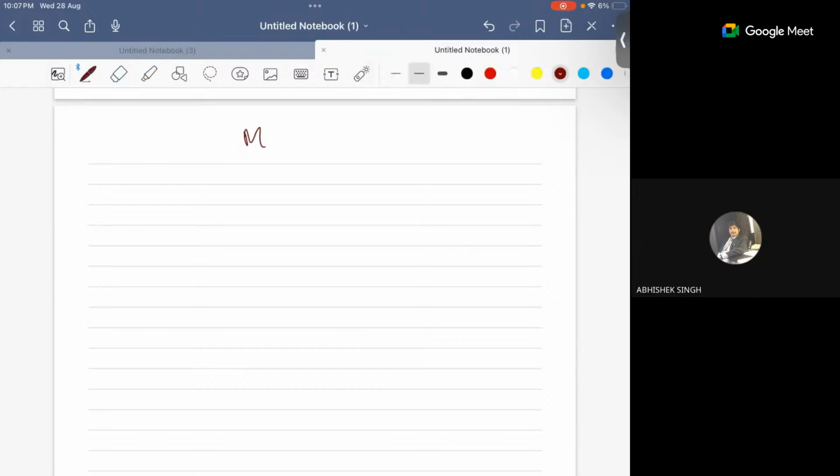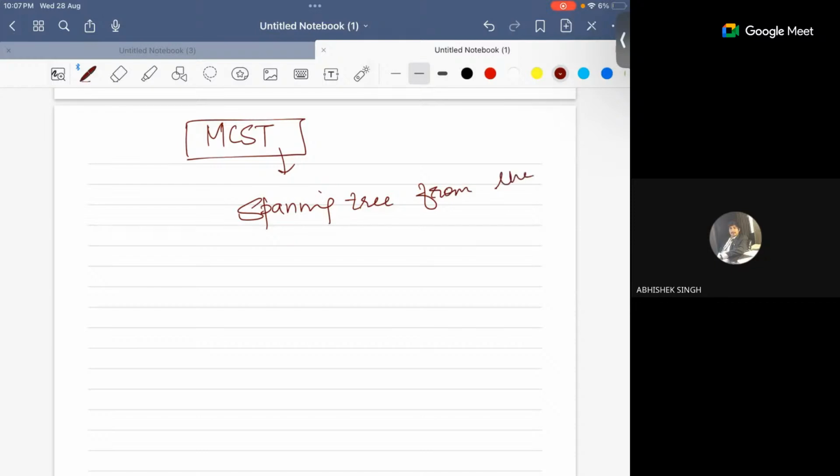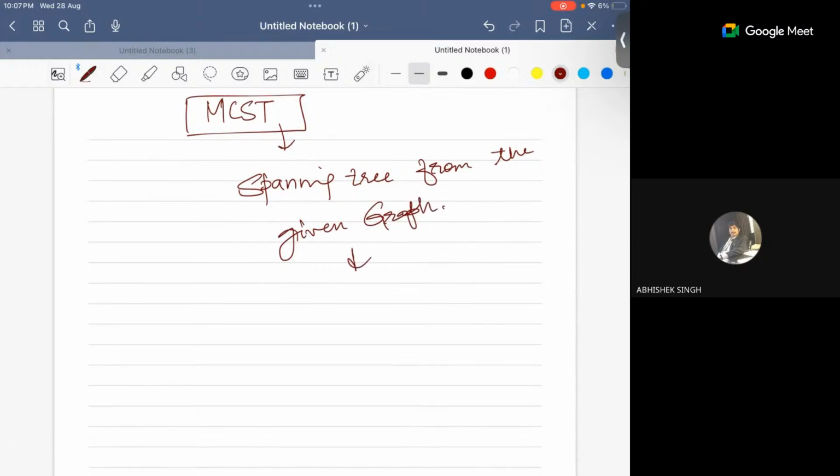So minimum cost spanning tree. This is what you have to do: make a spanning tree from the given graph, costing the minimum weight.